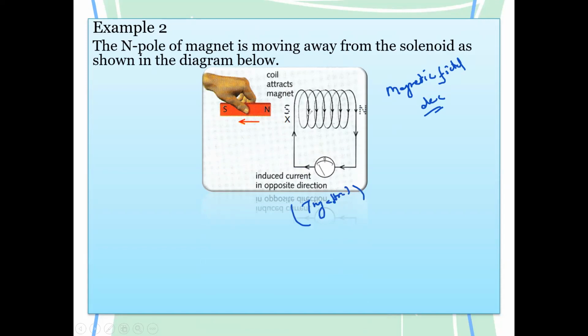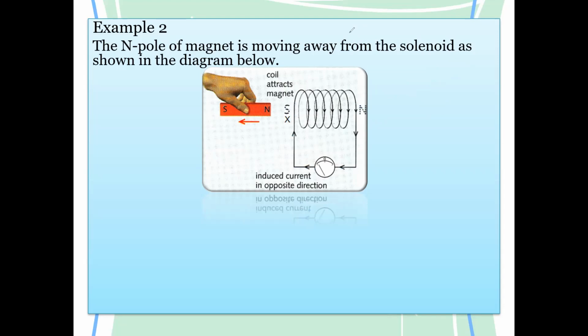And when it tries to attract, how can it attract? By inducing the opposite pole. So the south pole will be on the left hand side and the north pole on the right hand side. Because the direction of the poles changes, the direction of induced current will also change. So using Lenz law, we can determine which pole will be produced in a solenoid or circular wire when a current is induced due to a change in magnetic field.